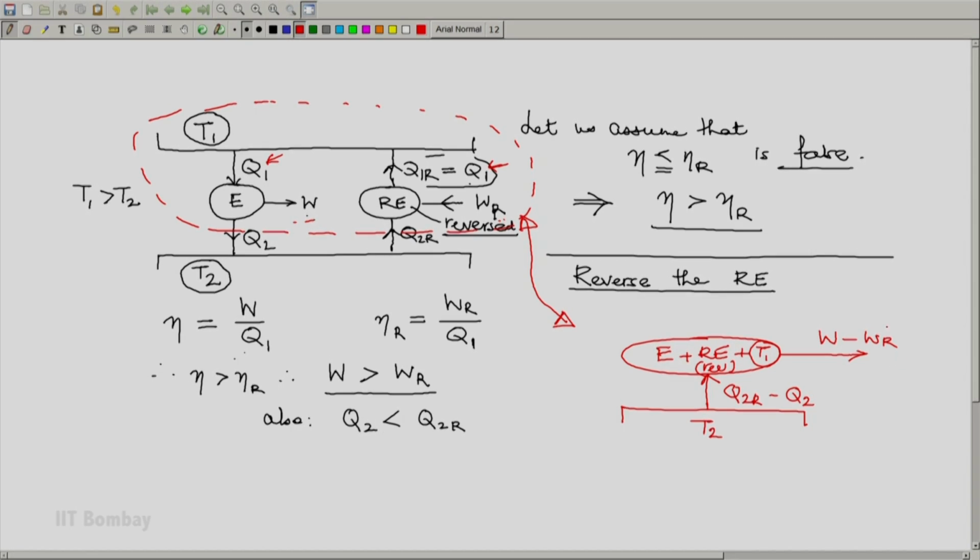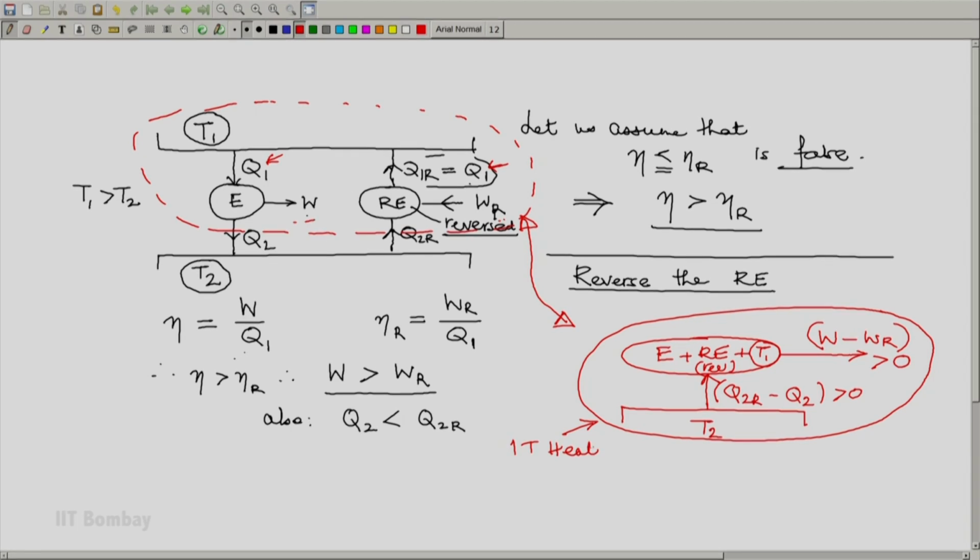And now you will notice that not only is the work done greater than 0, heat absorbed greater than 0, but the resulting entity happens to be a 1T heat engine. Now a 1T heat engine obviously violates the second law. That means we must have done something which has led to the violation of the second law, and that something must not be true.